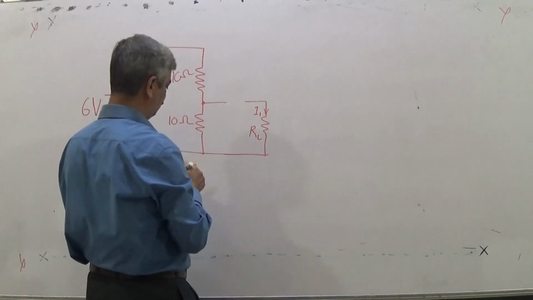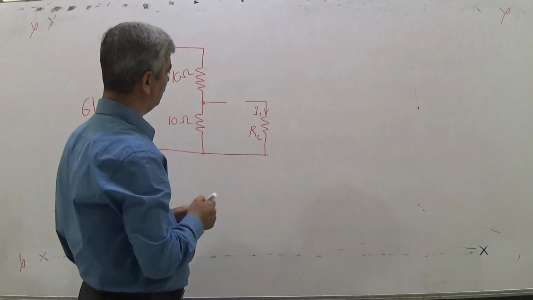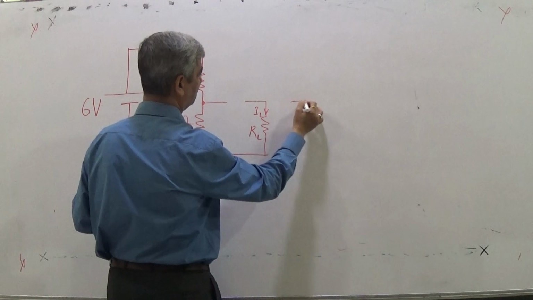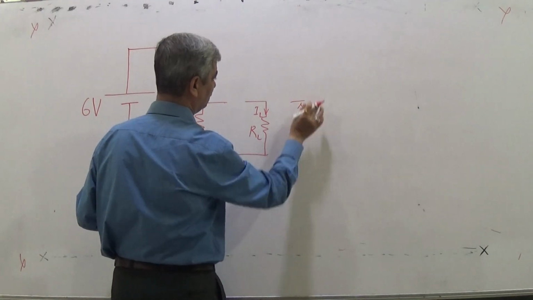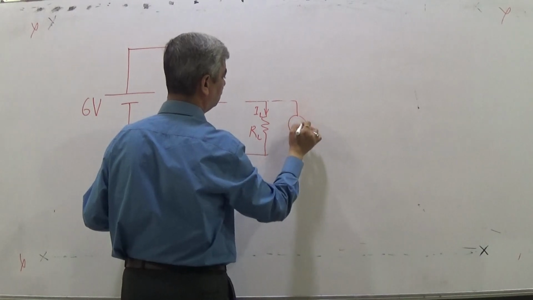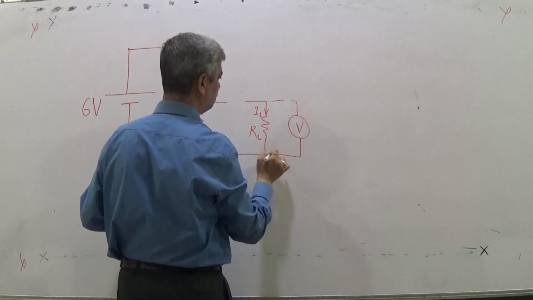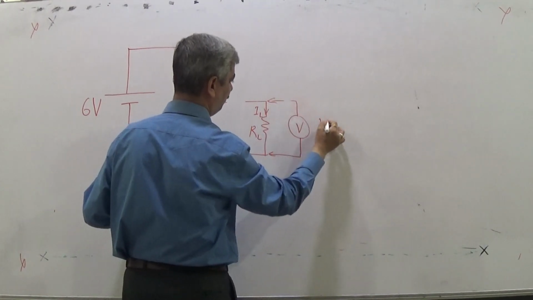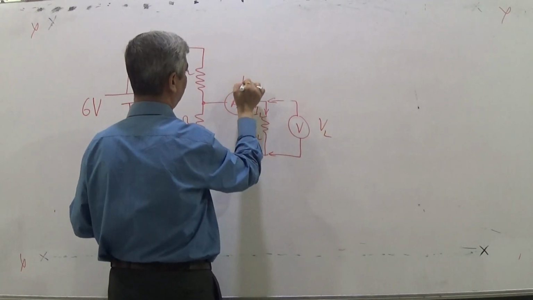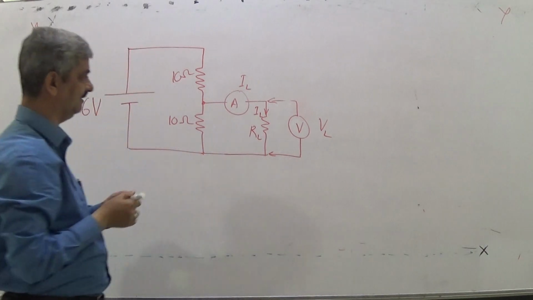So what you do, you can put an ammeter. This is IL, and voltage across this is VL. So what you can do is you can put a voltmeter, and that will give you a reading of VL. You can put an ammeter, and that will give you a reading of IL.